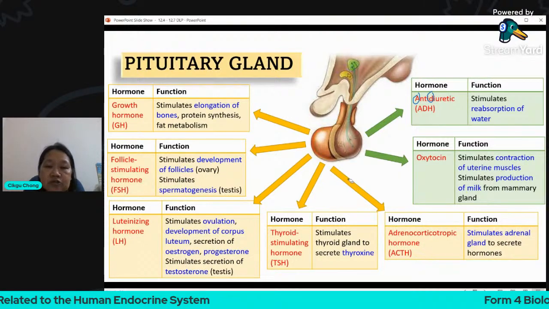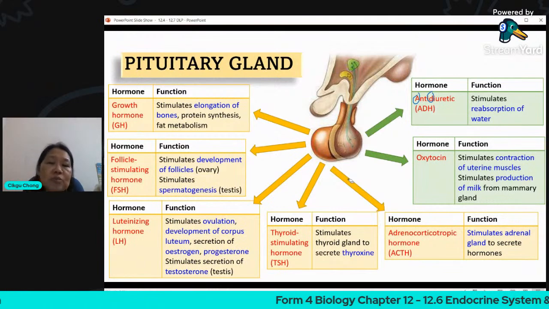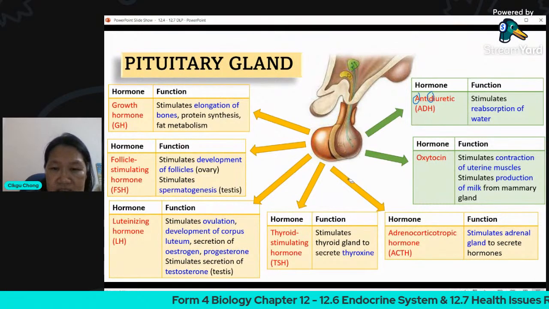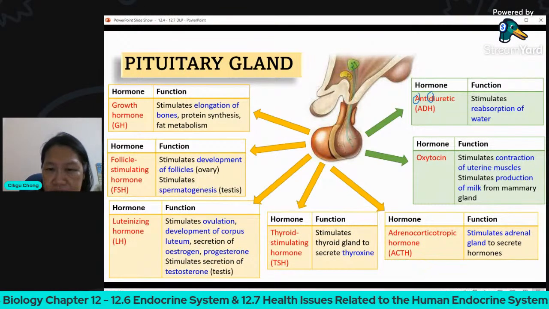Okay, next one is ACTH, which is adrenal corticotropic hormone. It's a little bit difficult here in the sense that you have so many words, so you cancel it out, which is easier for you to remember.